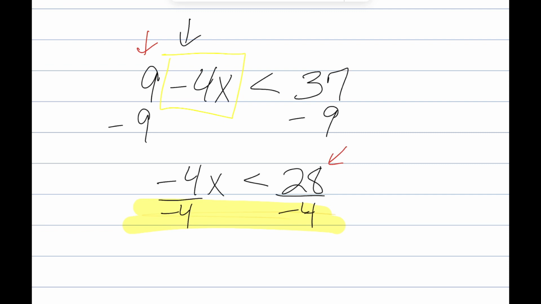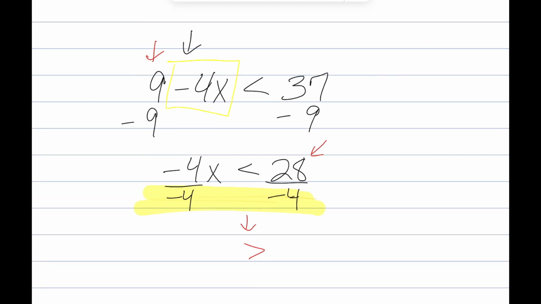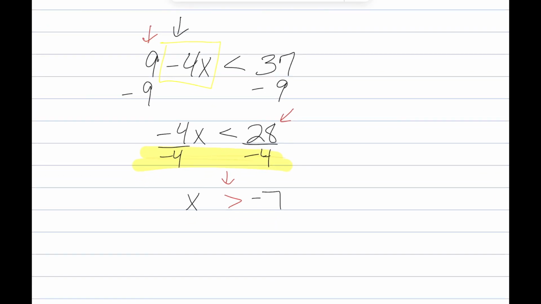If you multiply or divide by a negative, and we are dividing by a negative 4, you must reverse this symbol, because what's happening is it's going to change the direction of the solutions on the number line. So now instead of less than, we're going to have greater than, because we're multiplying or dividing by a negative, it flips it across that number line. So this is going to give us a positive x, and this is going to give us negative 7. So x is greater than negative 7.